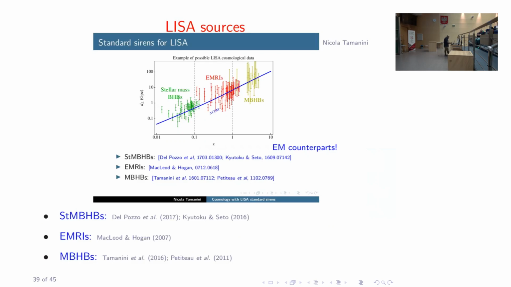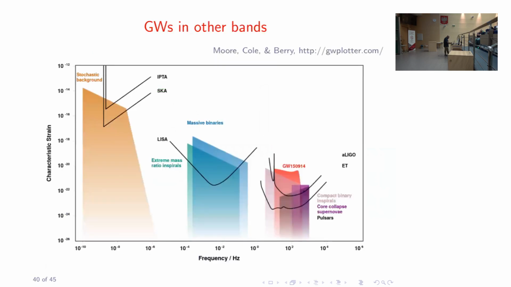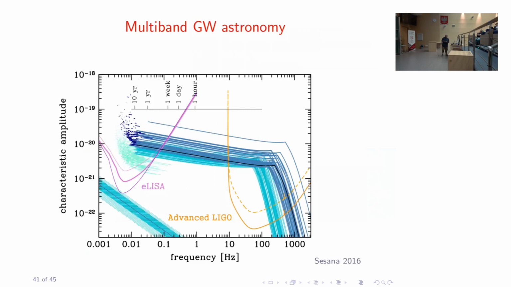Okay, so this is a quick summary of the future of standard siren cosmology. I already showed this slide in the previous lecture. What I'm going to highlight is that with LISA, there's also the prospect of doing multi-band gravitational wave astronomy.